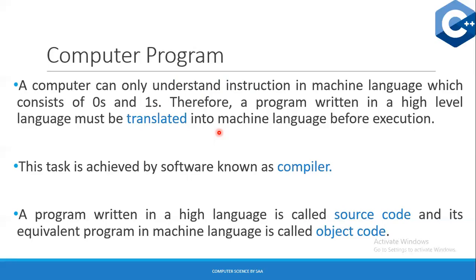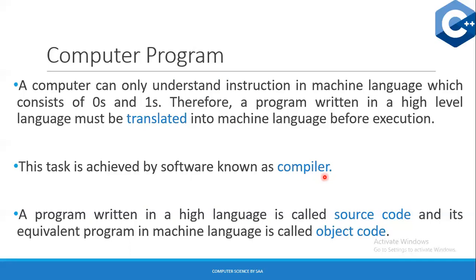It means that there will be some sort of software that lies between the high-level language and the low-level language. That software which converts high-level languages into low-level languages is known as the compiler.